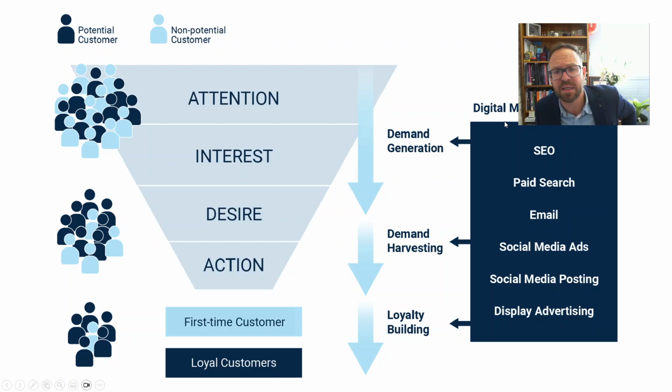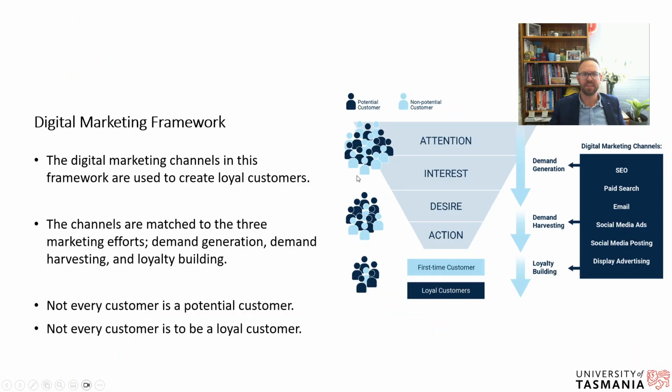And the digital marketing channels that we have to do that are search engine optimization, paid search, email, social media advertising, social media posting, like organic stuff, and display advertising. So these digital marketing channels within this framework are used to create loyal customers. So that's kind of the goal.